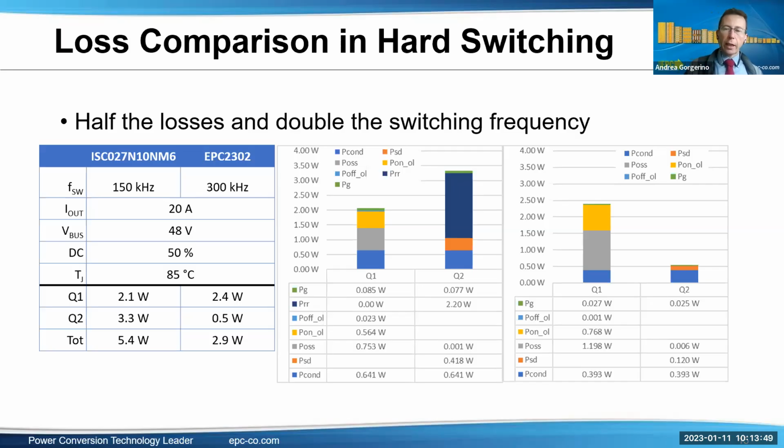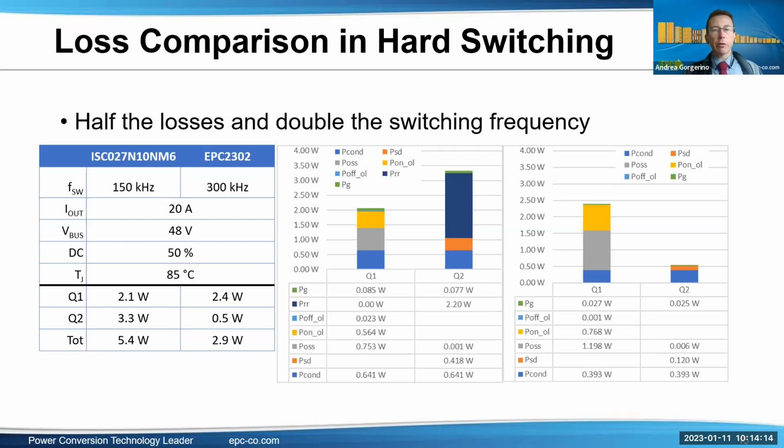And if you look at the comparison of the breakdown of the various contributions, of course, the RDS(on) is lower, so lower conduction losses. And again, this is half the physical size of the device. Switching losses are also very similar with double the switching frequency in terms of overlap losses. A very big contributor here is the dark blue bar you can see on the left. That's actually the reverse recovery.